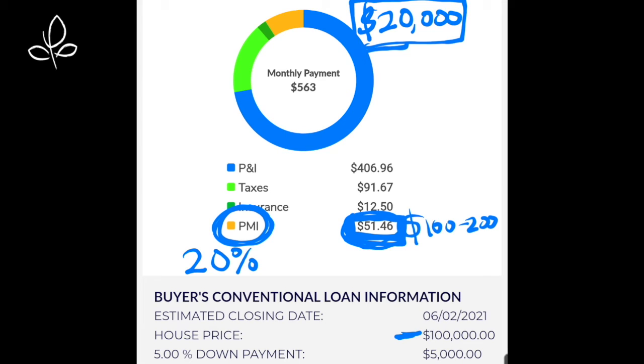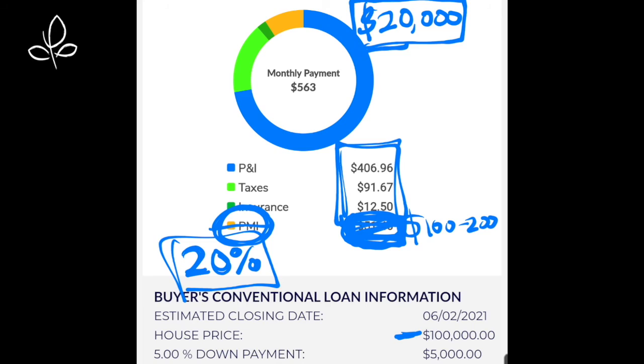This money that you pay in PMI does not benefit you at all. It's a protection, an insurance built in for the lenders. So 20% is what many people love to get as close to, because the faster you get to 20% equity or ownership, the faster you get rid of PMI and start making payments that really matter.